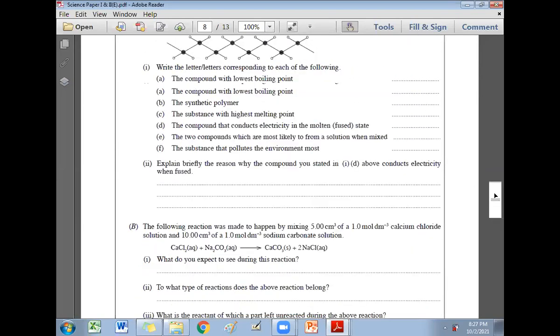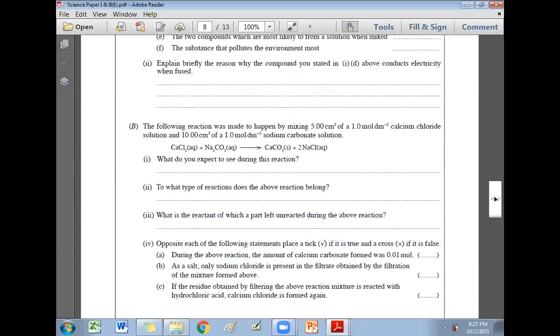Question number 3, part B, 2015. Those who joined late, please write 2015 support seminar paper. Question number 3 is structured as part B.